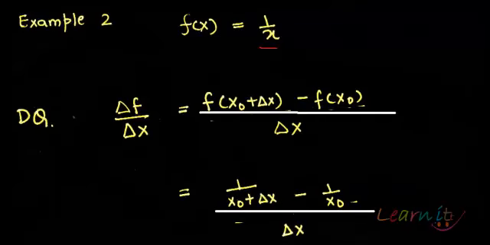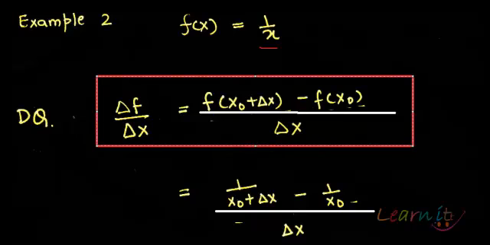So now look at the calculus of it. Using first principles again, first of all, I need to get the difference quotient. Once I have the difference quotient, I just have to plug in the values of f(x).